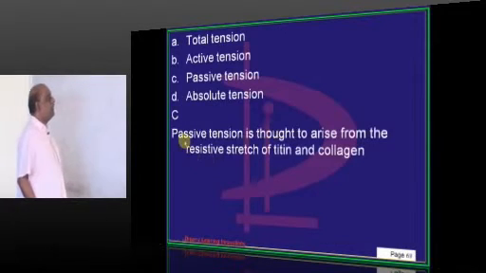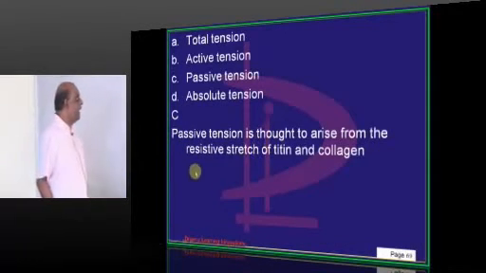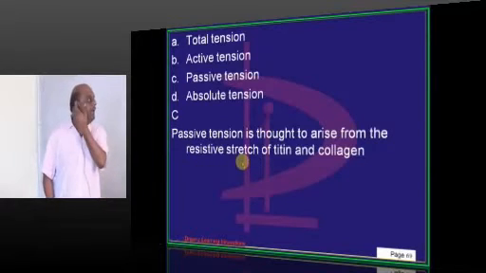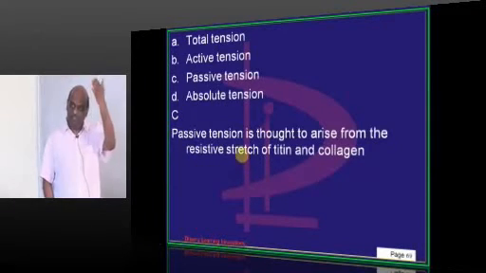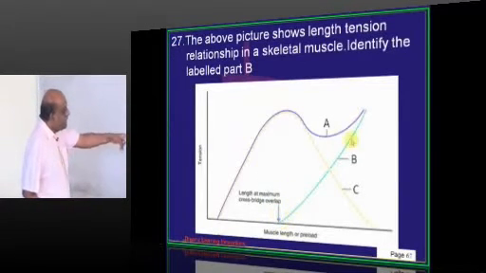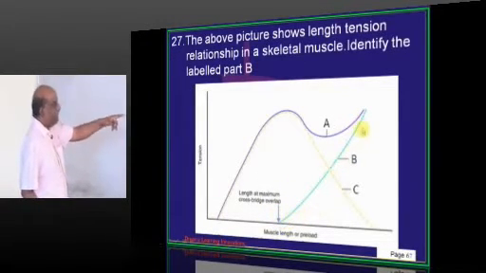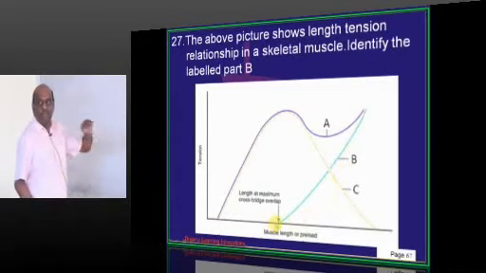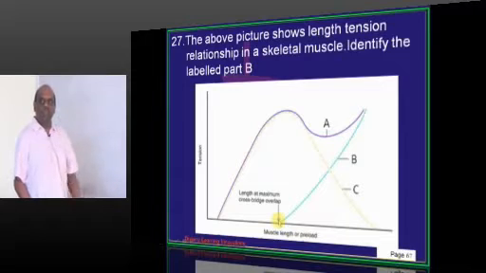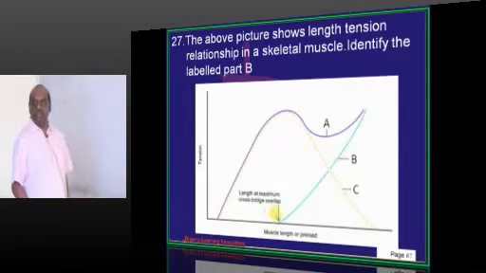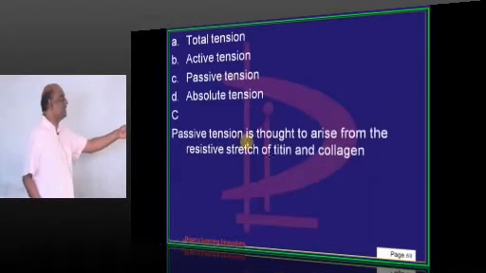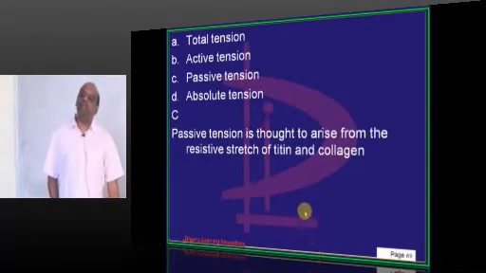So that is called passive tension, which will arise from the resistive stretch of the titin and collagen, which is depicted in that graph where the tension is increasing after the maximum overlap between the actin myosin cross bridges happened.